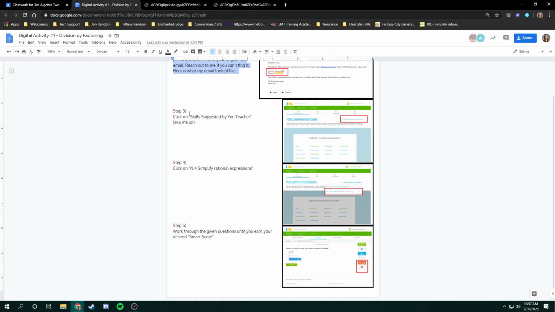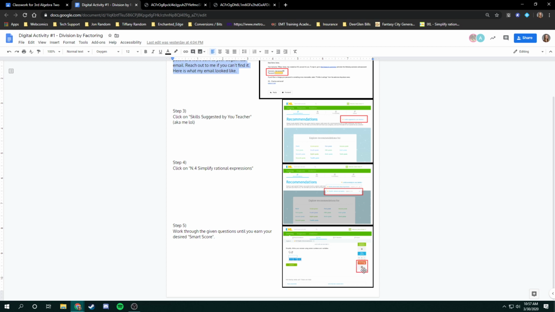So you would log on, and your screen would look like this. And so you'd click on Skills Suggested by Your Teacher, aka me, right here. For this first one, we're going to be doing the one that they've titled Simplify Rational Expressions. It's really division by factoring, but sometimes people call skills by different names, so it has a slightly different name than what we're calling it. And you would work through the questions until you reach a desired SMART score.